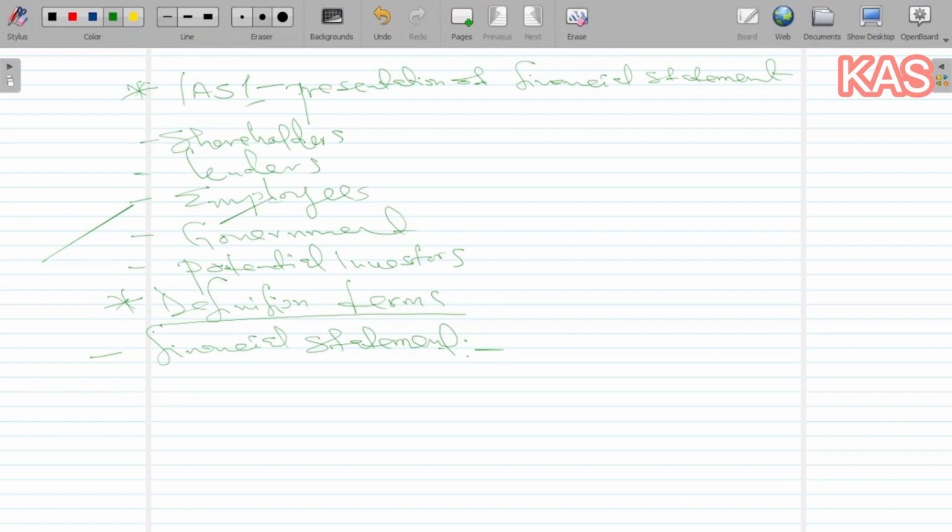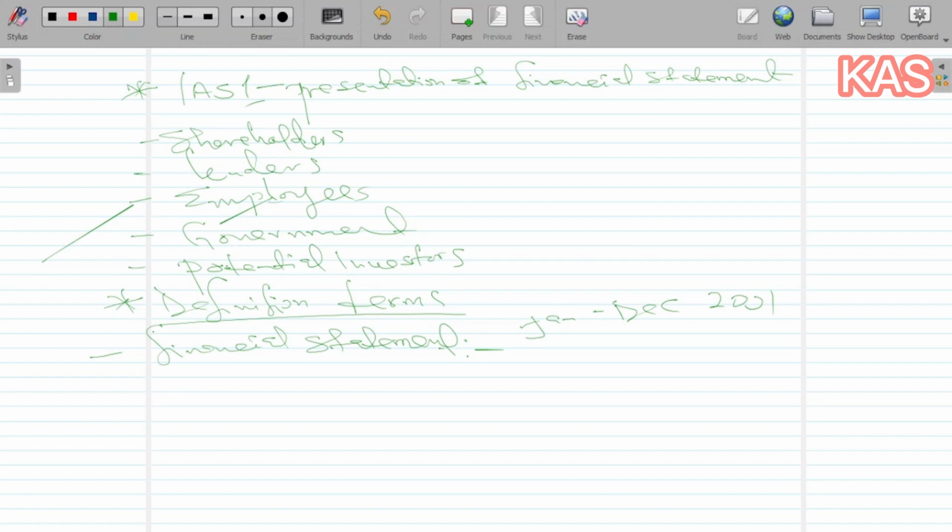That is a statement that shows the financial performance, financial position, and cash flows of a business entity during a specific period. So what this means is that, let's assume from January to December, let's say 2021, this financial statement is where you see all the affairs and activities of this entity from January to December.